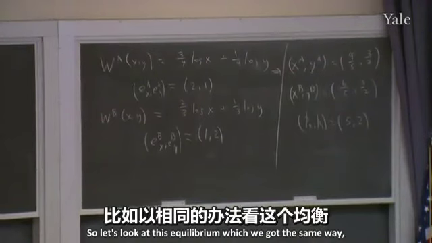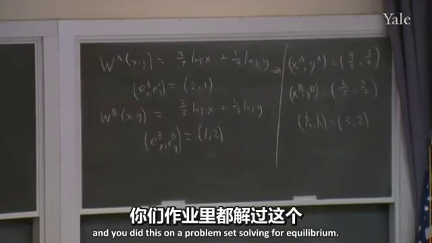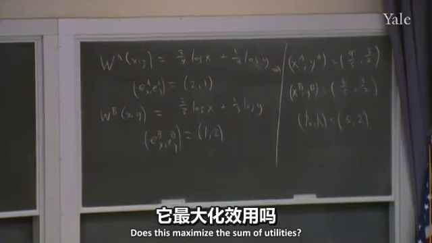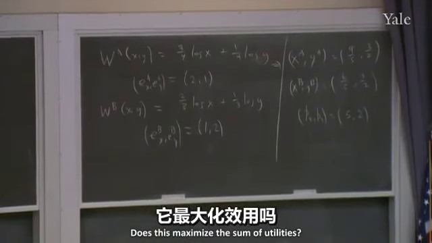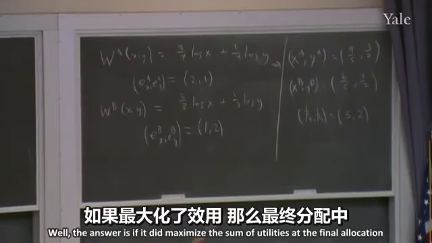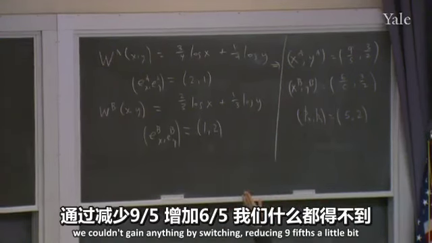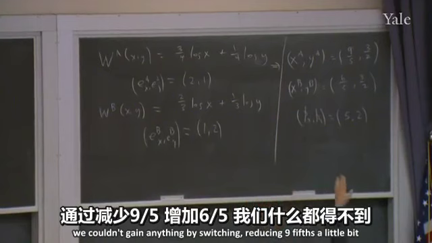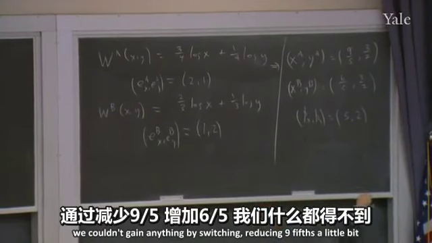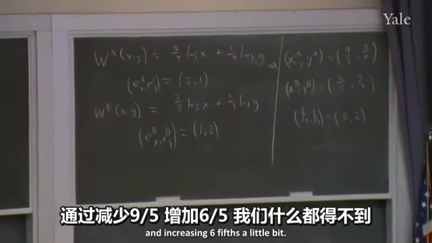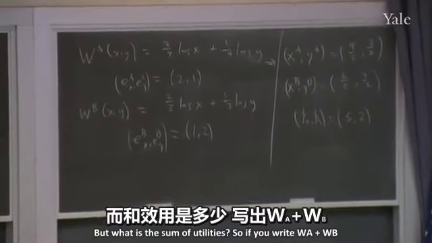So let's look at this equilibrium, which we got the same way, and you did this on a problem set solving for equilibrium. Does this maximize the sum of utilities? Well, the answer is, if it did maximize the sum of utilities, at the final allocation, we couldn't gain anything by switching, reducing 9/5 a little bit and increasing 6/5 a little bit. But what is the sum of utilities?